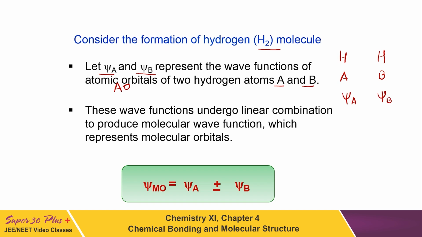So how do these wave functions combine with each other? When they combine linearly, this combination may be in phase or out of phase, in the same phase or in a different phase, crest with a crest or crest with a trough.